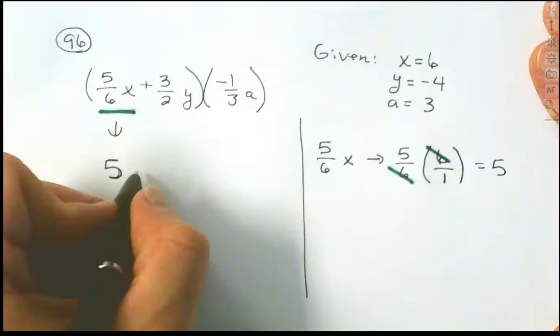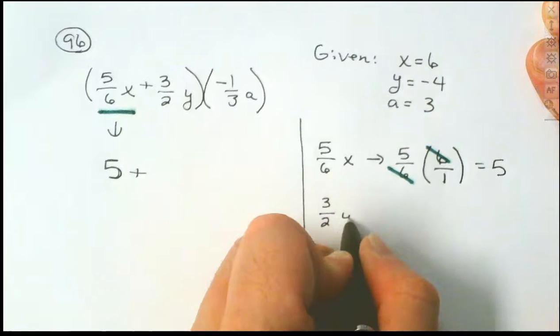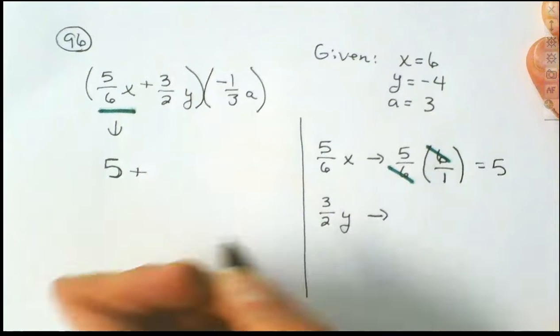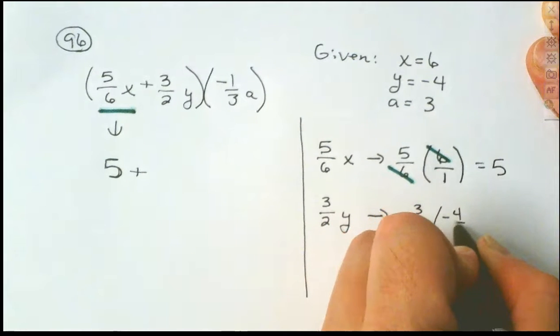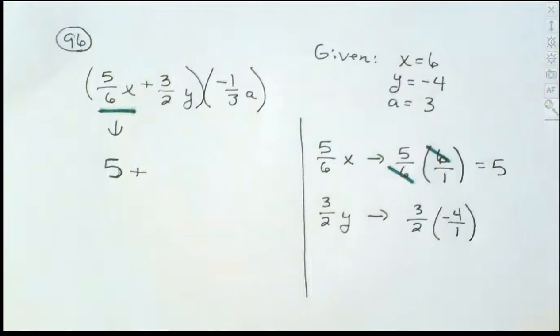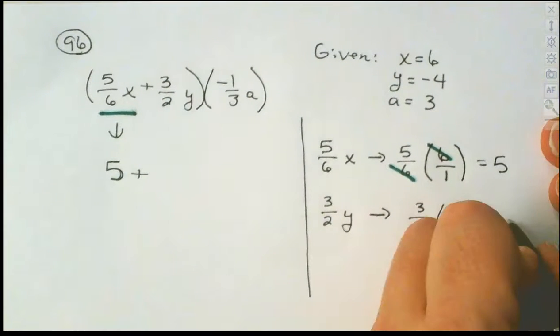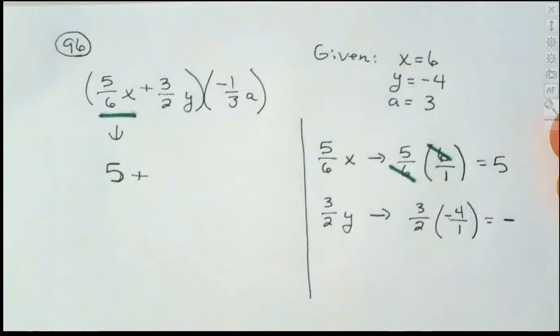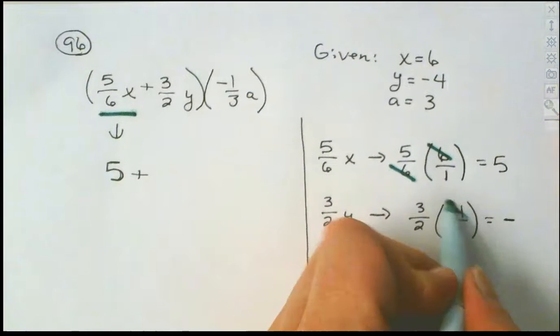We'll bring down our positive here. Let's do the next one. 3/2 y. So we're going to plug in a -4. And we're going to make that a -4 over 1. So when we plug it in, we use parentheses. And when it's a whole number, if we've got fractions, we put it over 1. My answer in this case is going to be what? Negative, right? Because this is negative here. And what can we do? We can cancel the 4 and the 2.